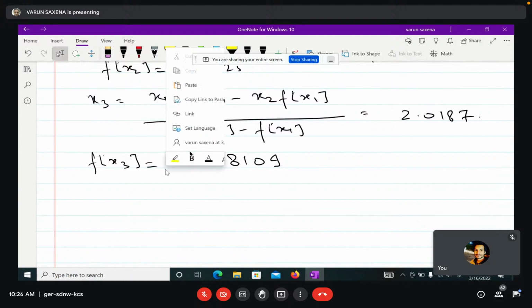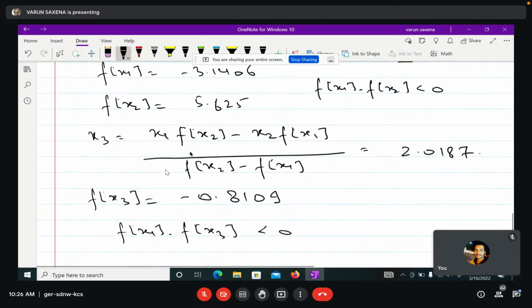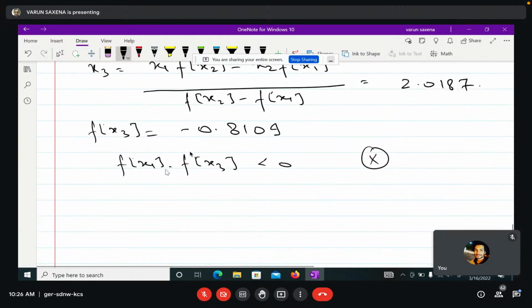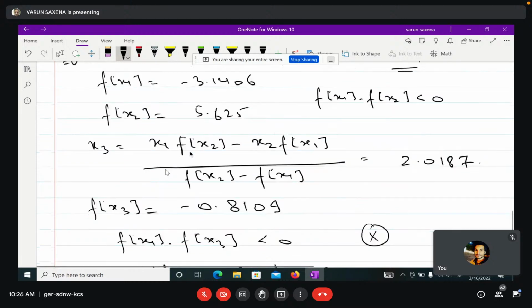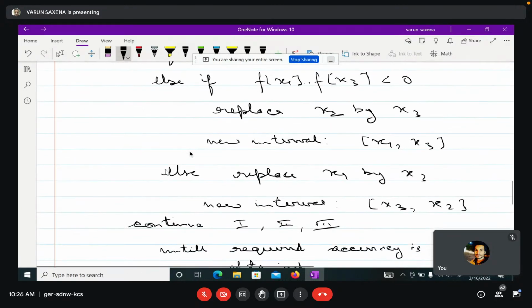So now you can see that fx1 into fx3 is less than 0. Is this condition satisfying? No. This condition does not satisfy. That means what you will do is you will replace x1 by x3. Basically, this is what is happening. So fx1 into fx3 is not less than 0.